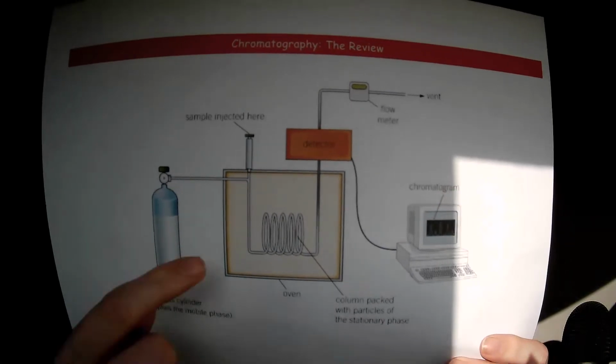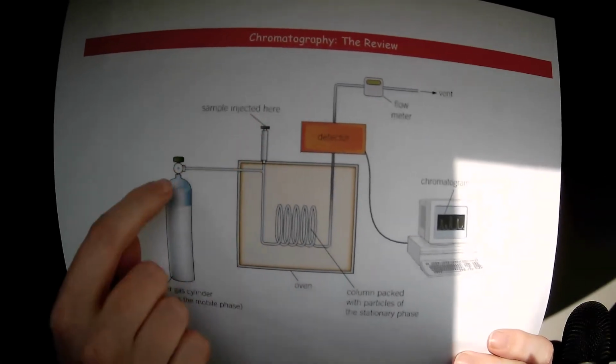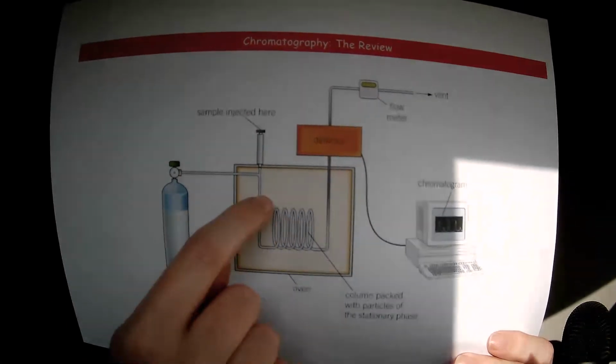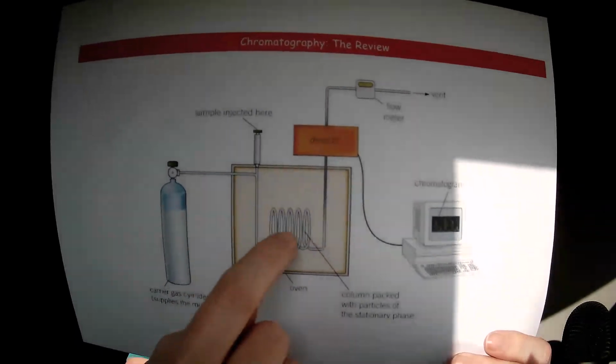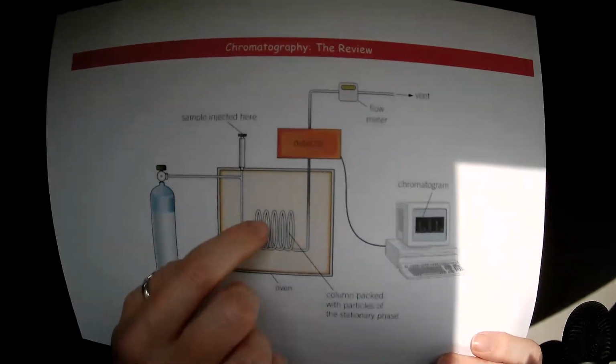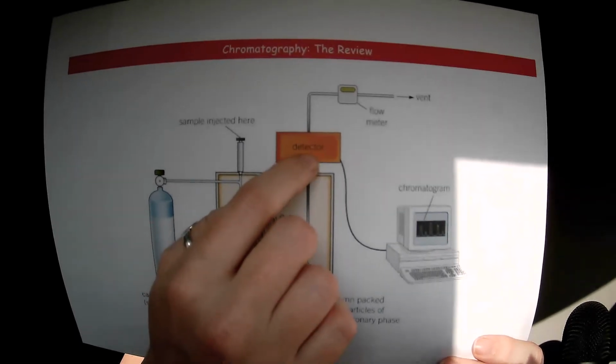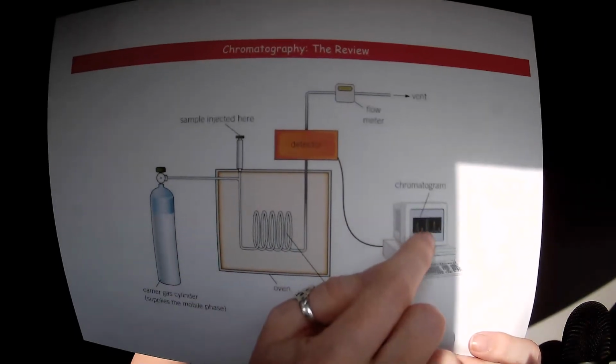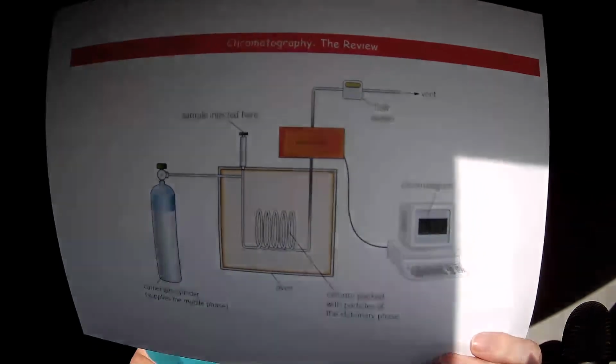What happens here is we inject our little sample and the gas basically pushes it through this little coil filled with the alumina powder. Different size bits are going to move at different rates, and therefore they come out the other side on the detector, get picked up, and then we get these little peaks on the screen. Still going to give us a way that we can identify different things based on when they come out. So smaller bits get out first, larger things take longer to get through.